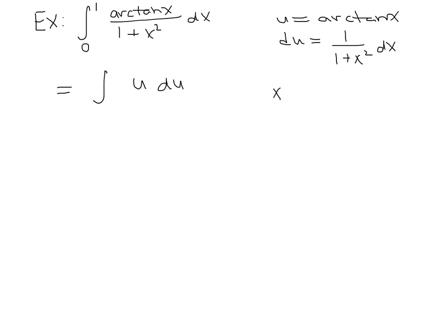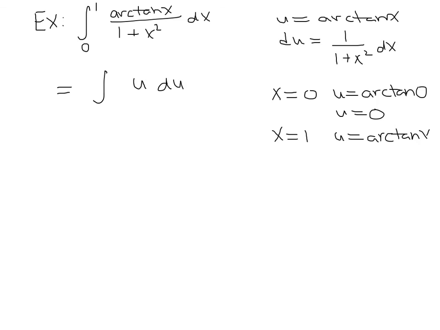So if x is equal to 0, u is equal to arctangent 0, which is saying when does tangent equal 0? Well, that is at 0. And x is 1, u is arctan 1, which says when does tangent equal 1? That occurs at the angle of pi quarters. So u is equal to pi quarters.